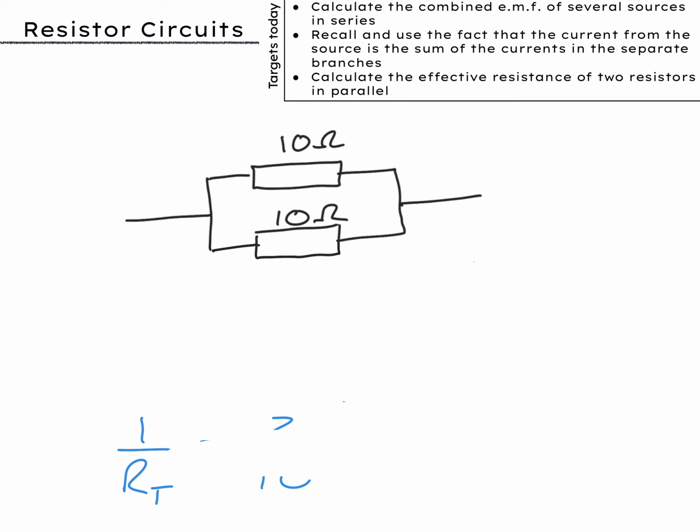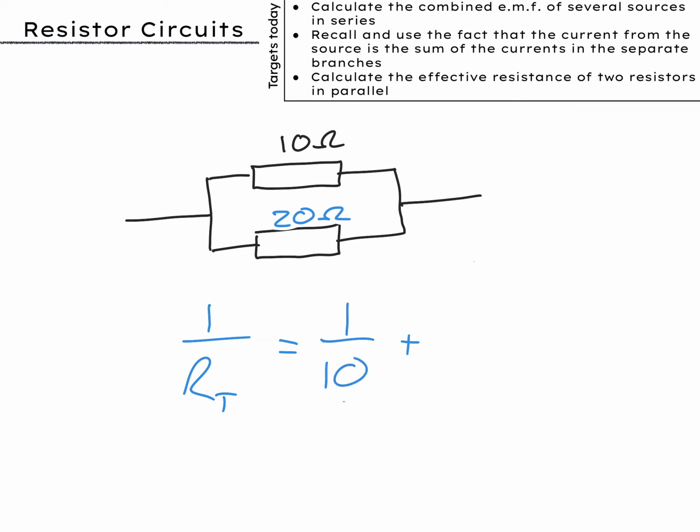That's easy. But what if they are different? Let's go with 10 ohms and 20 ohms in parallel. So 1 over RT equals 1 over 10 plus 1 over 20.